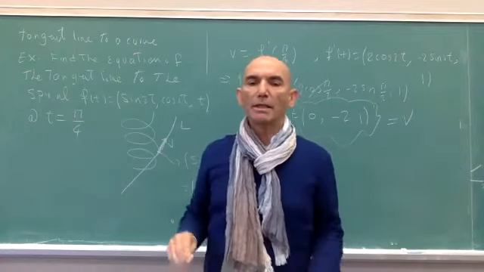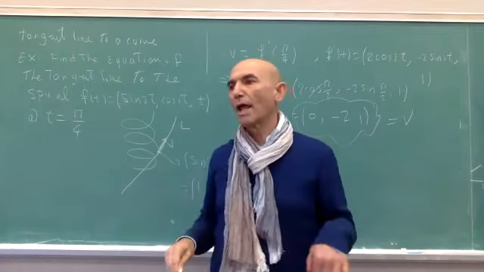So what is the equation of the line now? The equation of the line is (x minus x0) over a equal to (y minus y0) over b, and so on.